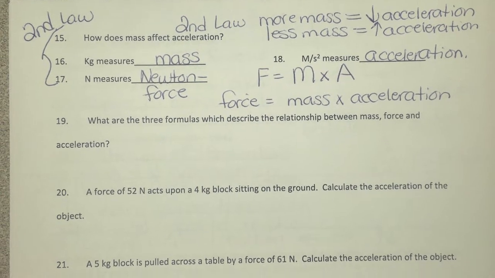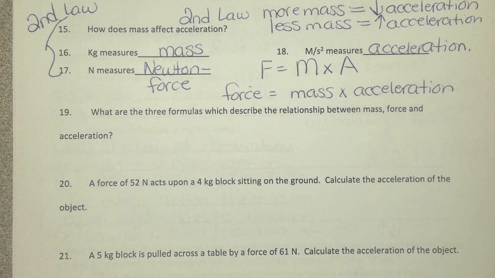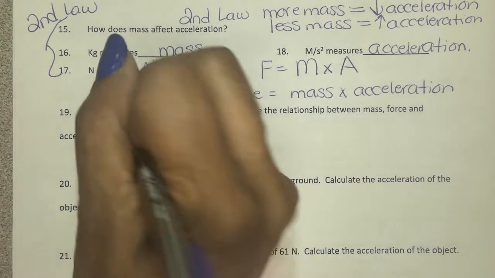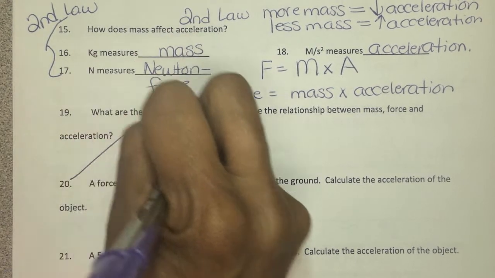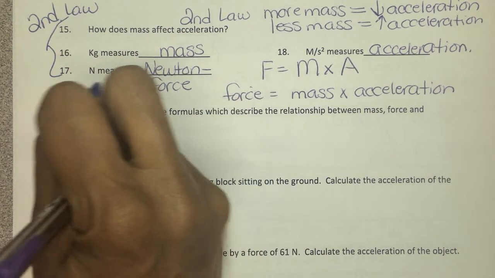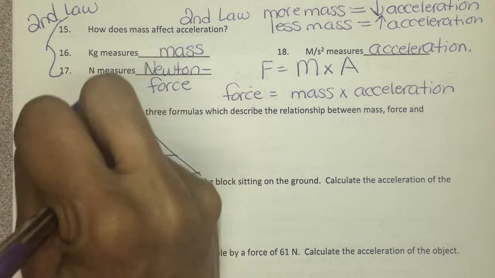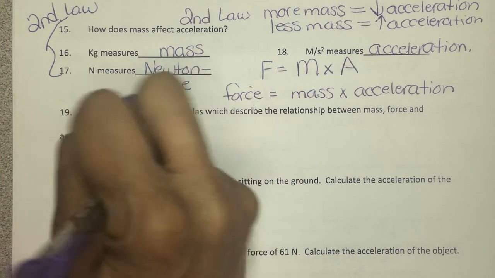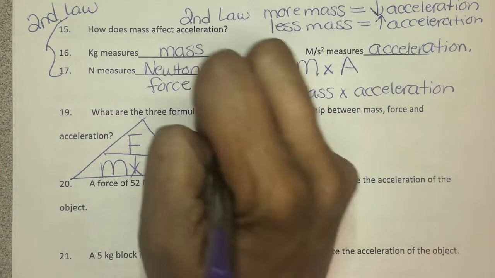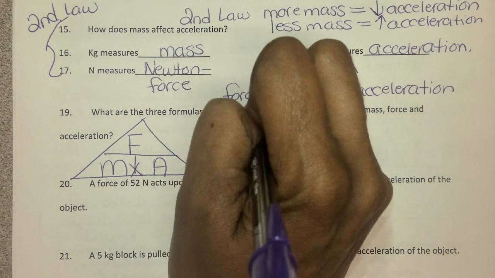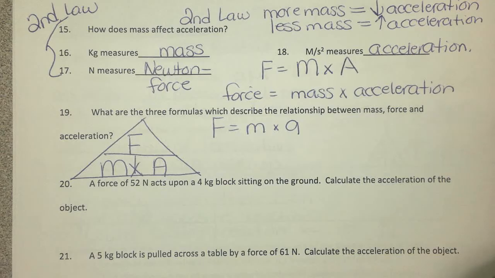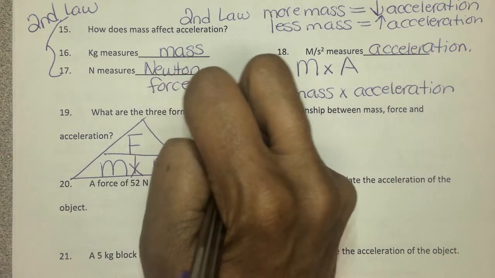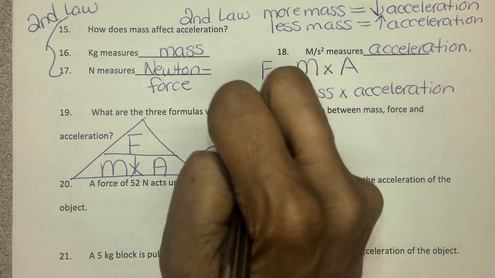All right, moving on. Number 19. Questions 19 through 27 all deal with the second law. What are the three formulas that describe the relationship between force, mass, and acceleration? I'm going to draw the triangle and write out each formula. Force equals mass times acceleration. Acceleration equals force divided by mass.